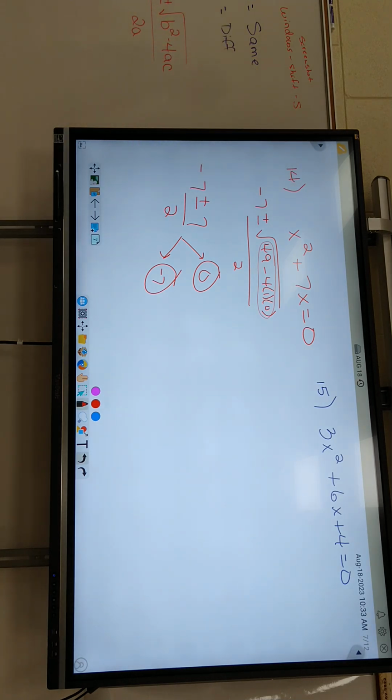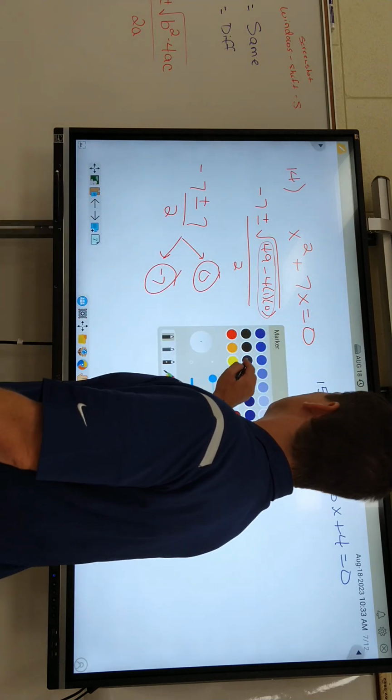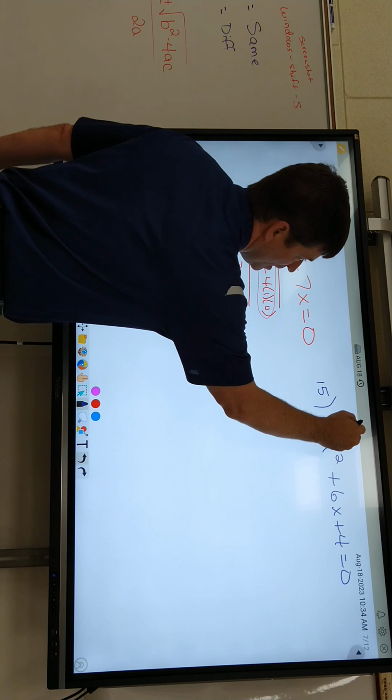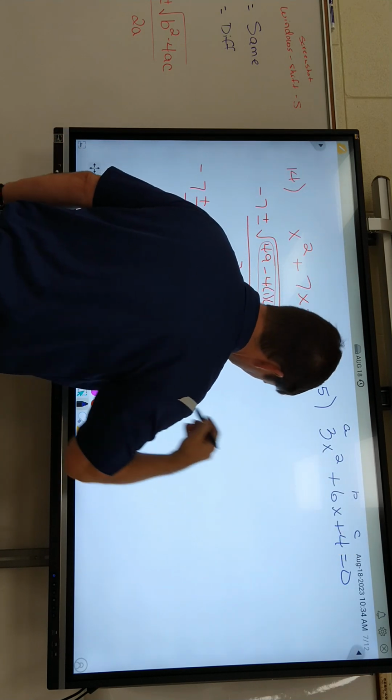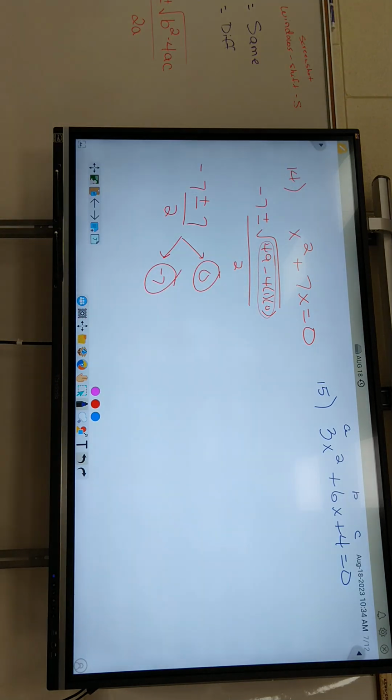Now 15 is a little bit harder, isn't it? All right, let's do 15. So we got our A, our B, and our C. Y'all set it up, put it in your calculator. Let's see how far you get. Everybody needs help on 15, it looks like.